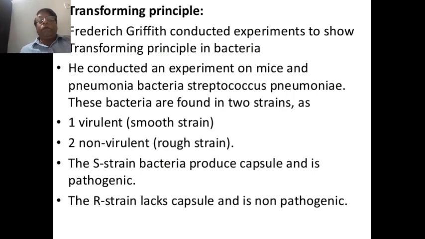Now we shall study the search for genetic material. Transforming principle, that is Griffith transformation experiment. Actually, we are going back. So far we have studied the modern structure of DNA and the fundamental nature of the DNA or the chromosome.